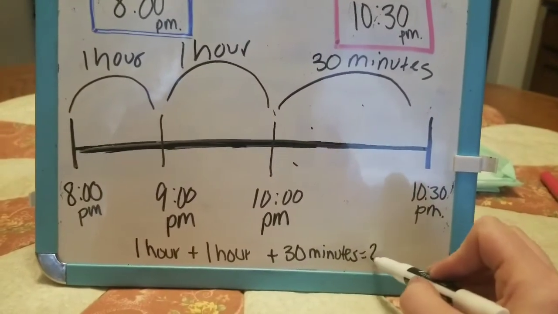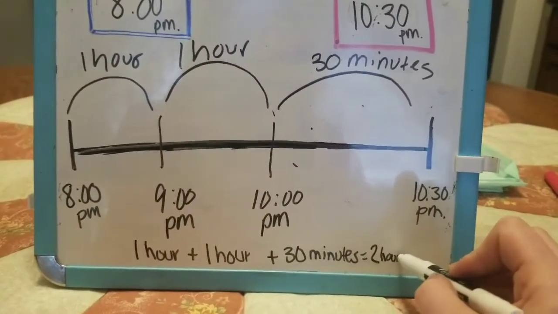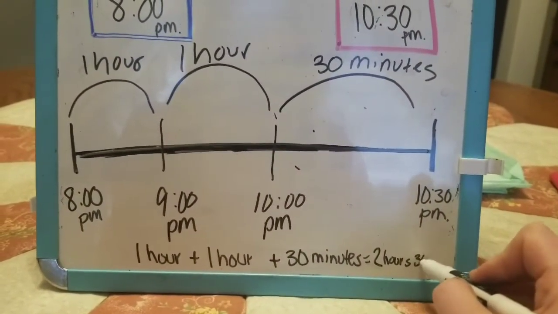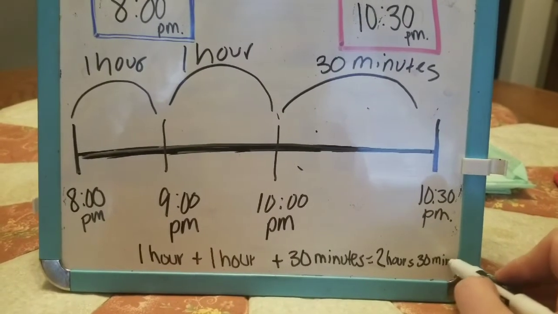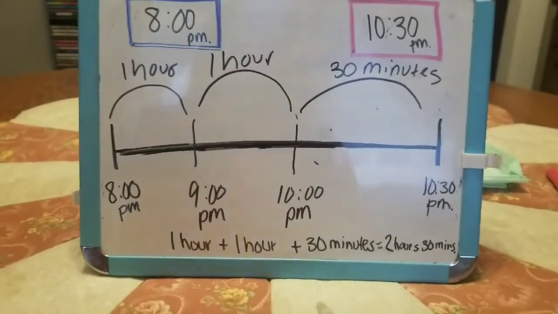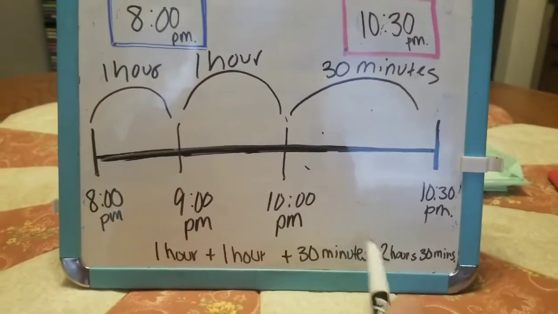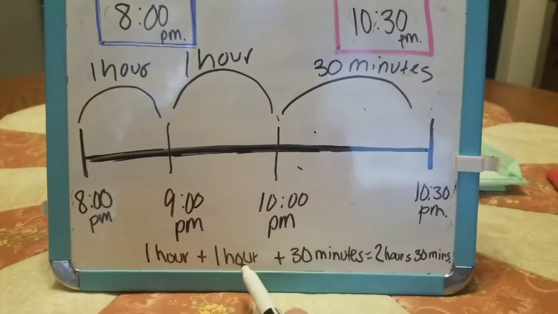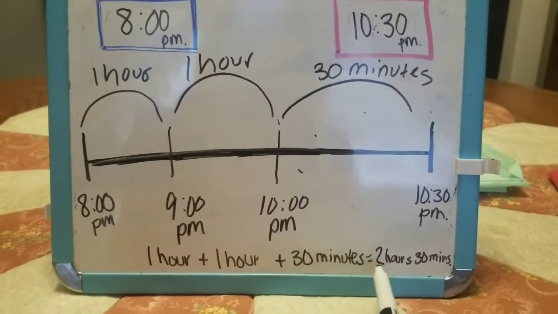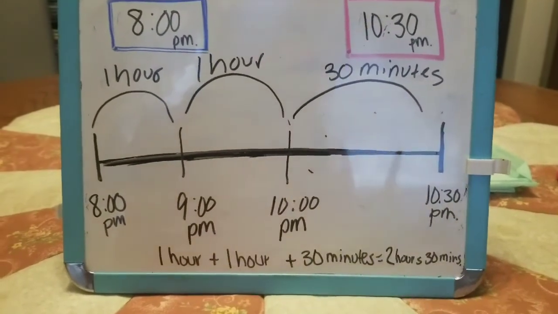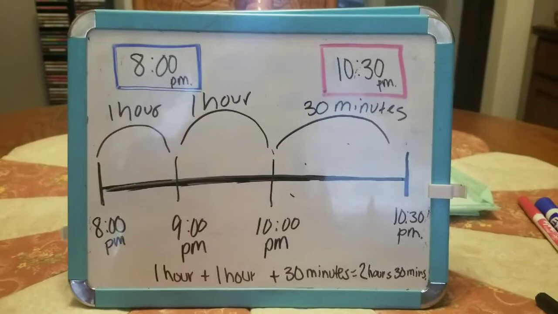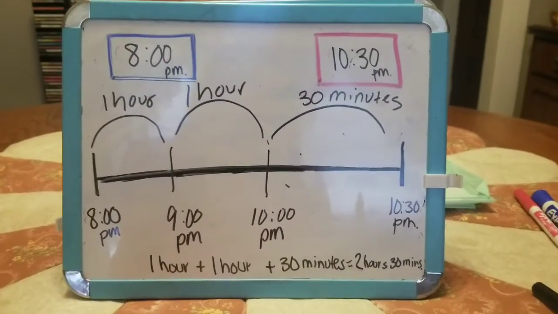If you said 2 hours and 30 minutes, you were correct. Yes, we got 1 hour plus 1 hour is 2 hours, and then 2 hours plus 30 minutes is 2 hours and 30 minutes. And that is another example of elapsed time.